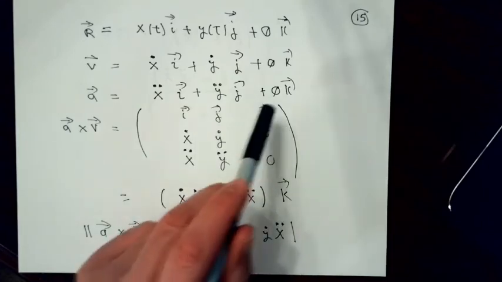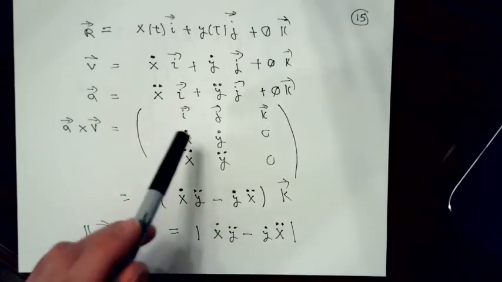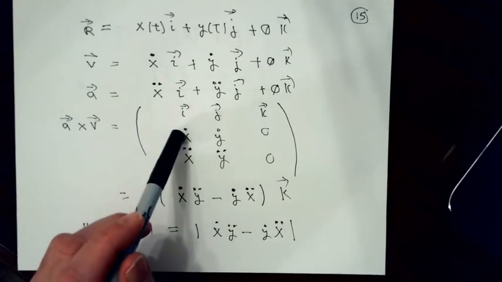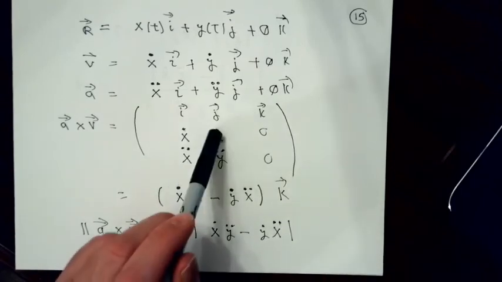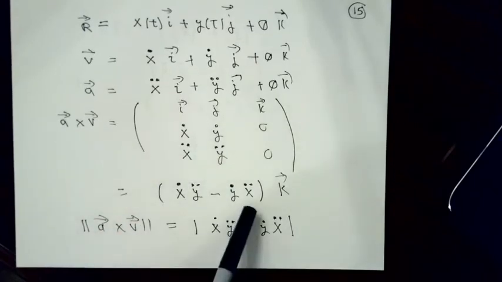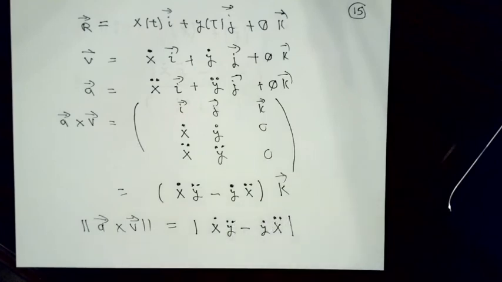After knocking out the row and column that has the k vector in it, I'll have this determinant, x dot times y double dot minus y dot times x double dot. The magnitude of a cross v is the absolute value of this number multiplied by the length of vector k, which is 1. So the top of my fraction in my curvature formula is this.